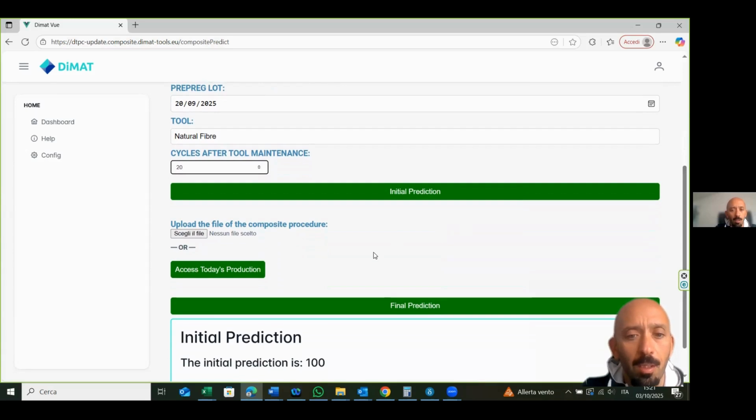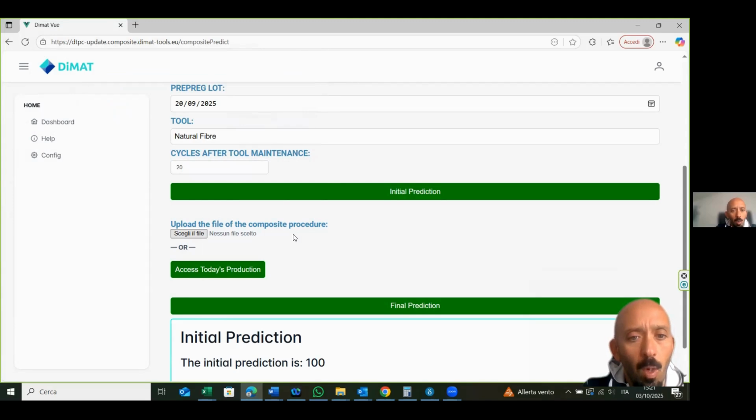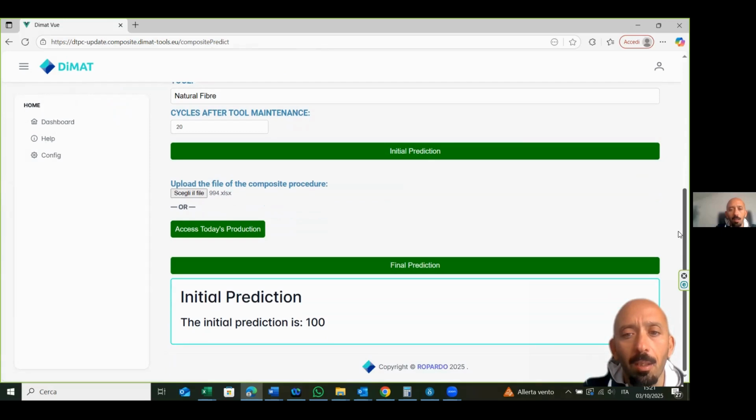I can do this accessing to the today's production, so I can access to the process that is currently under development, or I can upload an historical curve, so a curve of process parameter of a past process. Once I do the upload of the curve, I can do the final prediction of the quality of the parts.